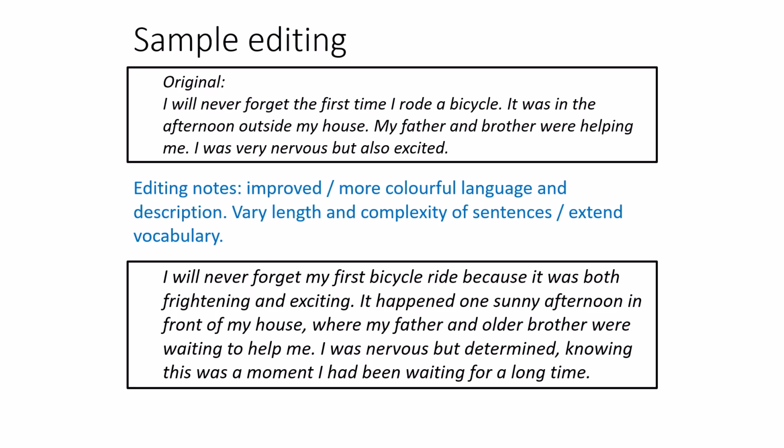Nervous but determined, knowing this was a moment I'd been waiting for a long time. So much more descriptive, more colorful language, variety of sentence length, and some other words like frightening, determined. Yeah, that is about it.